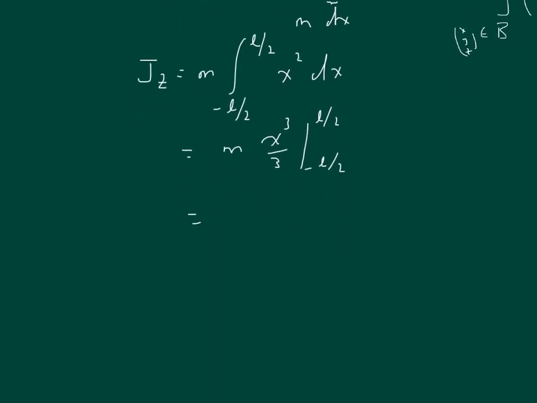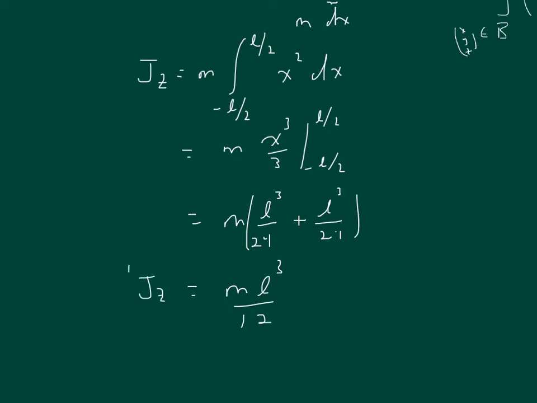And that's equal to mass times L cubed over 24, minus minus L cubed over 24. And so the inertia is mass times L cubed divided by 12. So that's Jz.